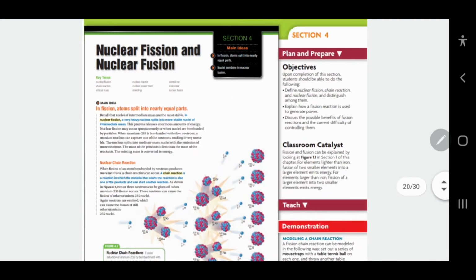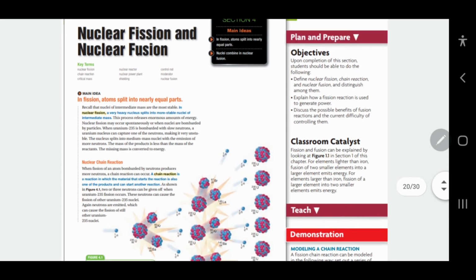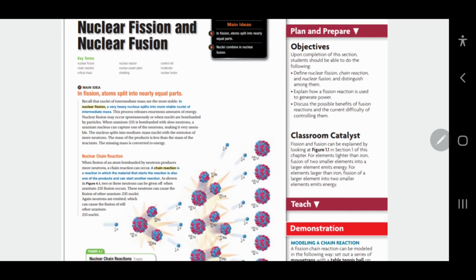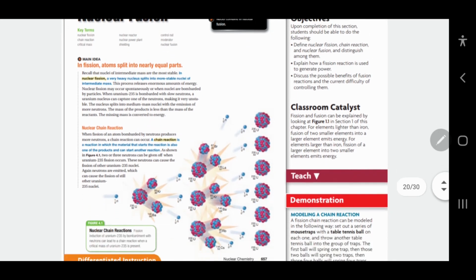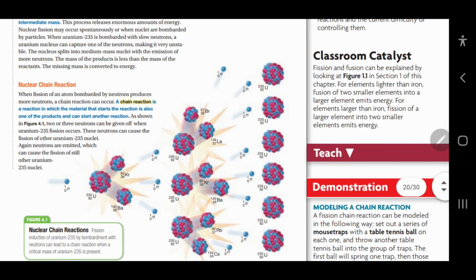In our last section, the previous video, we discussed nuclear fission and nuclear fusion, and we said that we have a chain reaction, which is a reaction that one of the products also starts, and a lot of other nuclides will be formed in a continuous chain reaction.